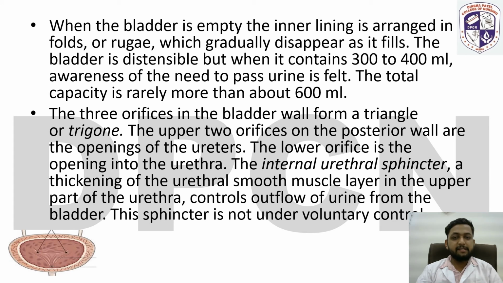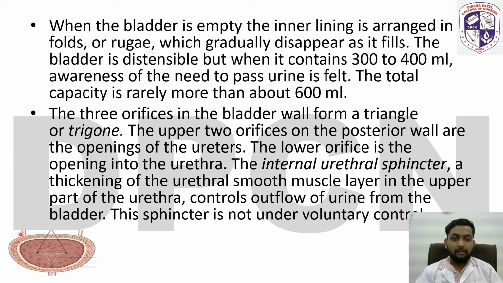The 3 orifices in the bladder wall form a triangle or trigone. Here we can see the 1, 2 and 3 orifices located in the bladder, which form a triangle, also known as the trigone. The upper 2 orifices on the posterior wall are the openings of the ureters.